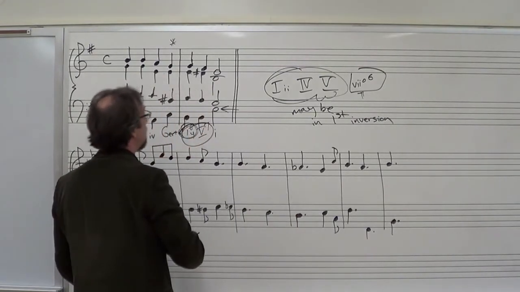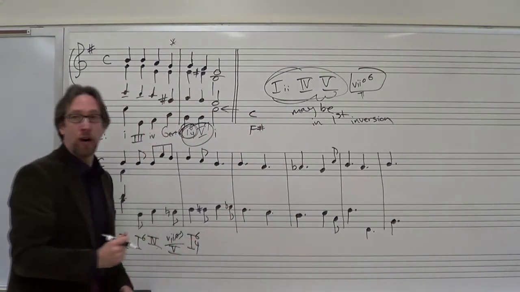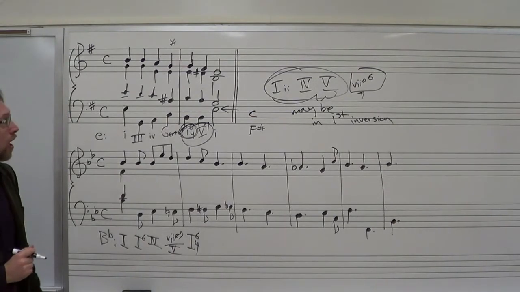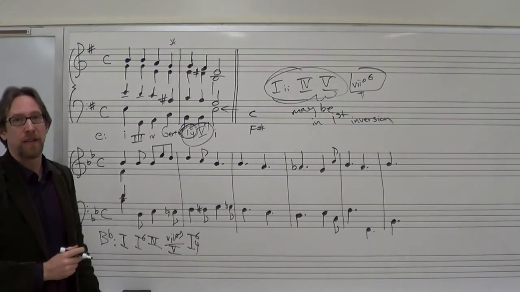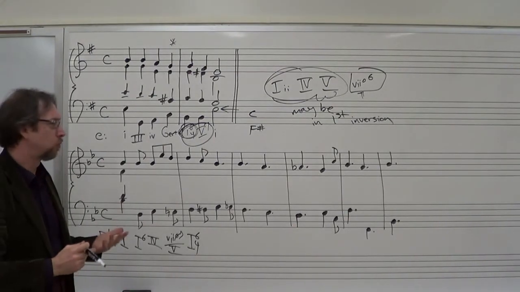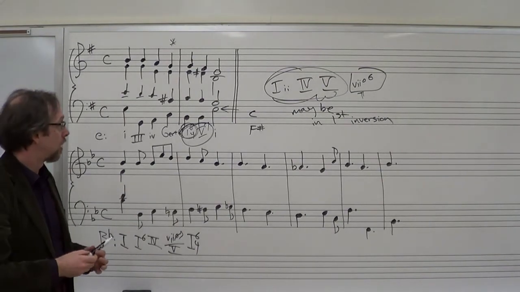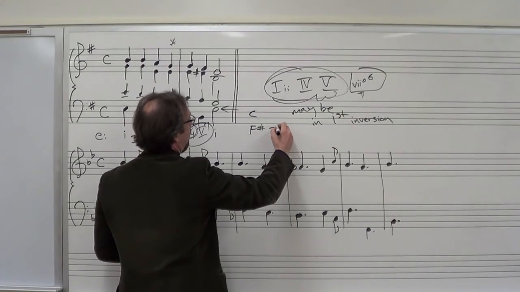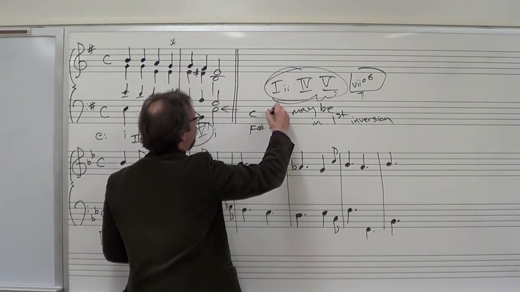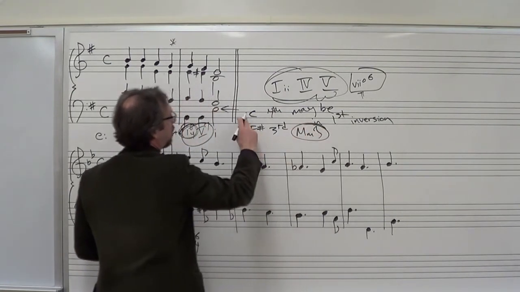Now we have F sharp and C. F sharp and C is the interval of a tritone. We're not going to make the F sharp the root of a diminished triad, because diminished triads just aren't found in root position very often. But we know that the 3rd and the 7th of a major minor 7 is a tritone.